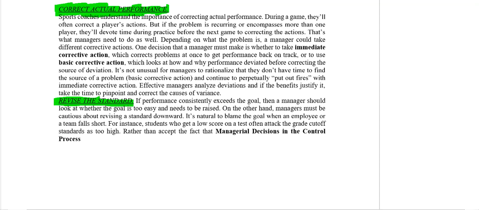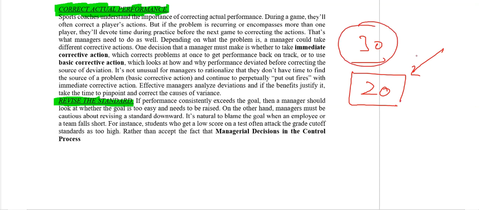For example, if we set 30 devices to be sold in 1 month, this was not an adequate goal, so we may say that he should go for 20 devices per month. So we will revise the standard, or the goal, because selling 30 devices was a very difficult task we had given. After revising the standard, we will see the performance again.